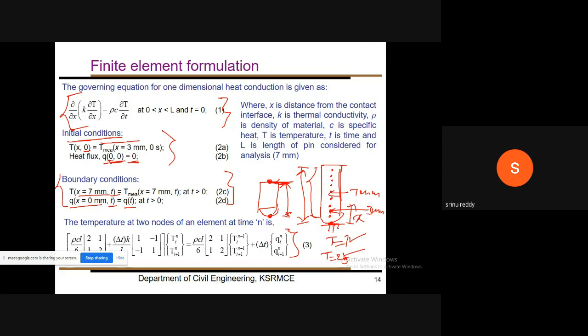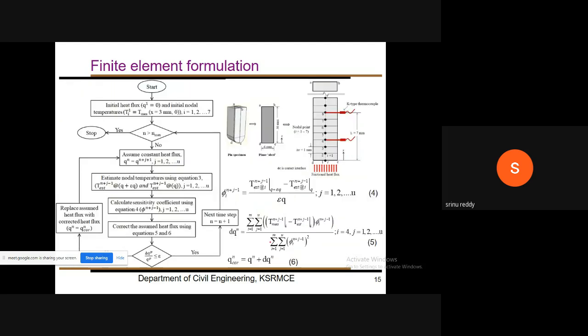It is not purely a finite element model. Both finite element and finite difference we have used in this model. This is the algorithm we used to write the MATLAB program.